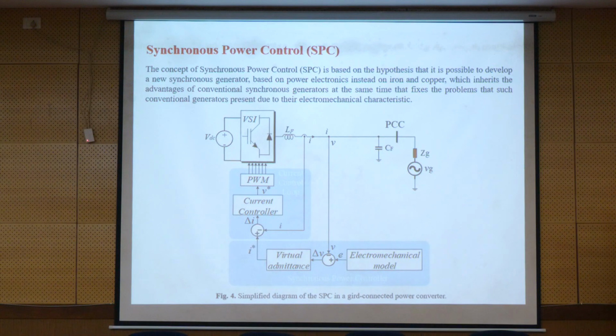If we can't provide inertia for the grid, then there is a stability problem in the future grid, which is dominated fully by renewable energy sources, basically based on power electronic converters. So we decided to model the behavior of the synchron generator and add this part in the control loop of the converter. Then the converter behaves like a synchron generator.